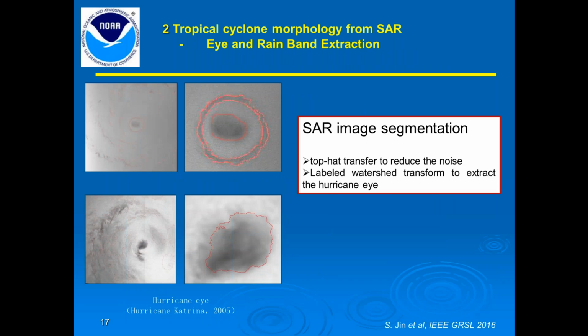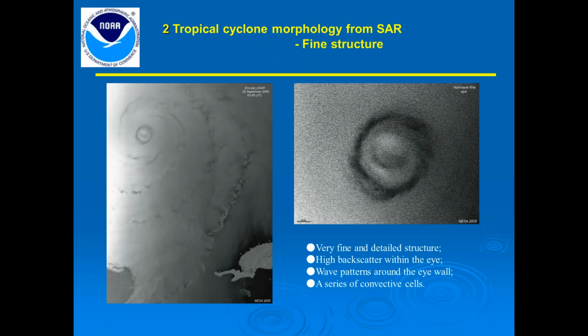Again, this is the algorithm that you can tune to pick out the hurricane eye and eye wall directly from the SAR imagery, because in the eye wall the sea surface backscattering energy is quite different from the surrounding oceans.